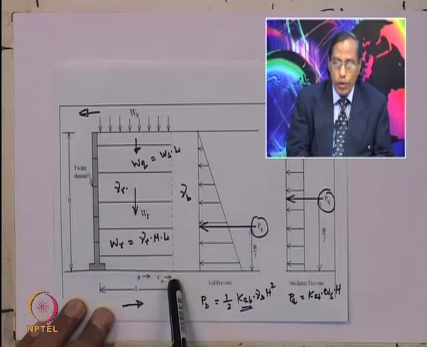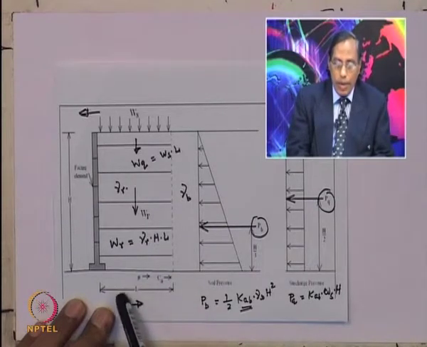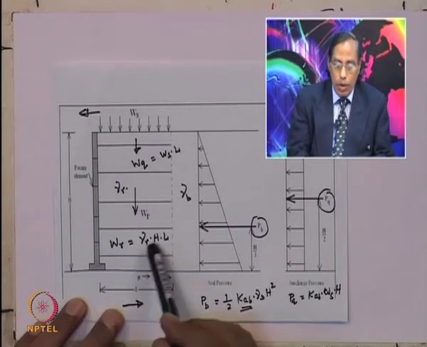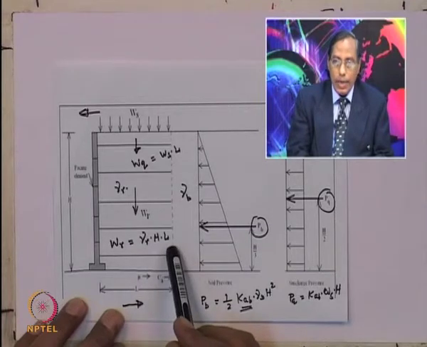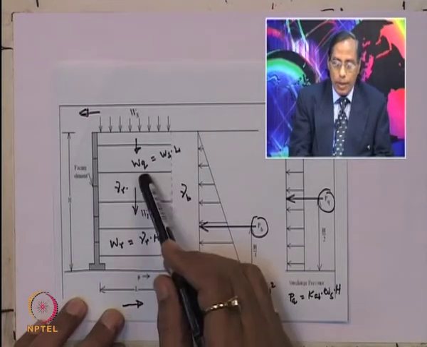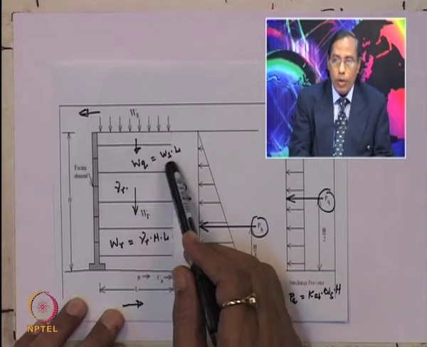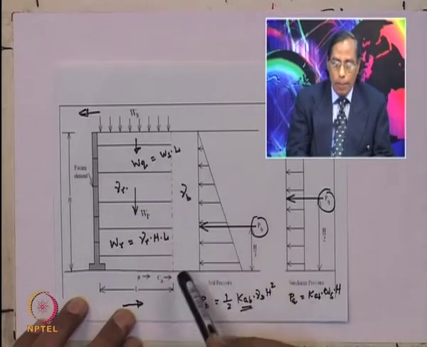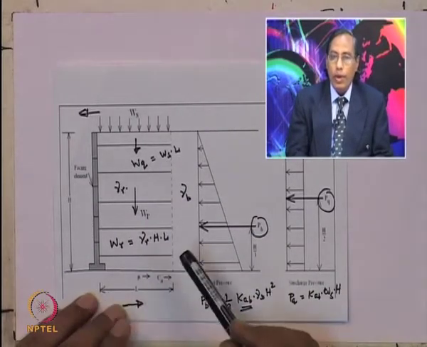The resisting force can be written as mu into WR, meaning gamma R H L, plus the surcharge load WQ, which is equal to WS into L, plus CA into L.